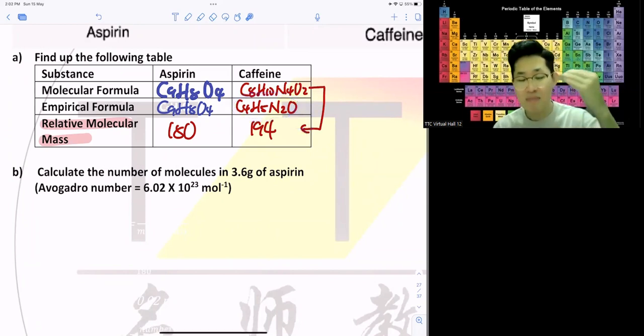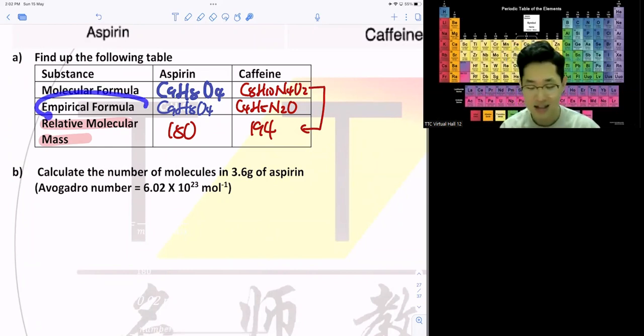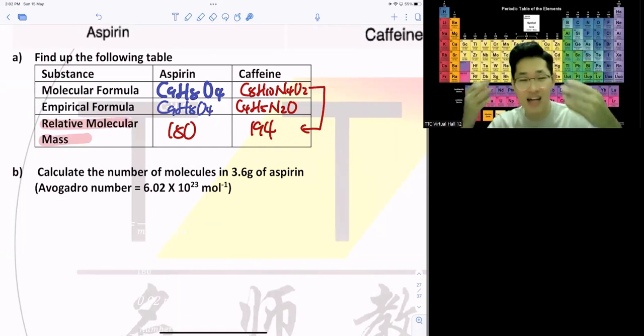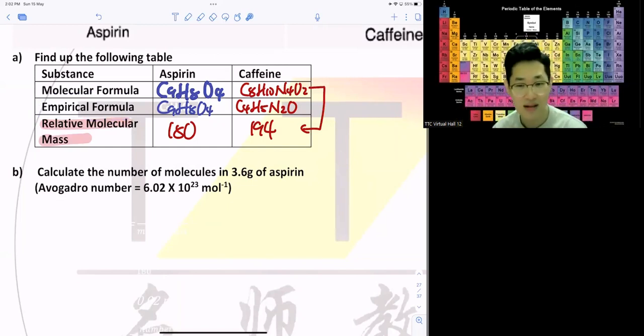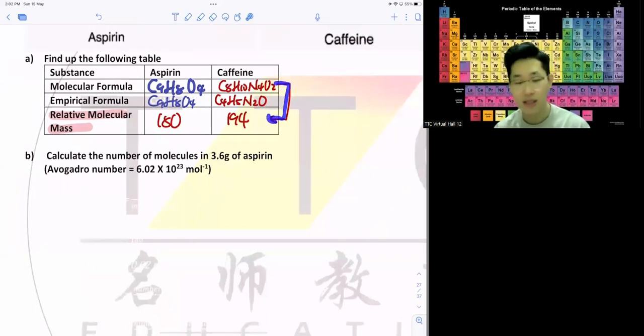No, a simplified formula is like a fake formula. It doesn't represent anything. It is just empirical formula. Basically, it's just for fun. It's something created just to test you in the exam. Okay. So you have to use back the actual one.